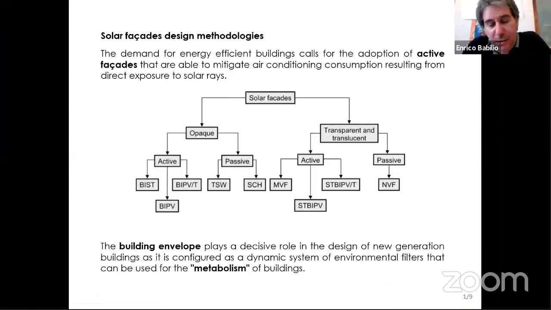As you know, also from the previous presentation, there is a need to save energy using solar facades. I'm not an expert in technology of architecture, but I understand that if you have some sun energy entering your building, you have to use some machine to control the temperature.